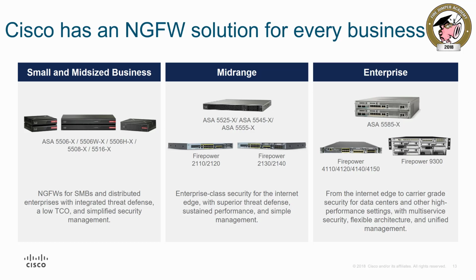If we look at the larger enterprise scenarios, we can certainly consider the Firepower 4100, and this is kind of where the 5585 would have played a part, but we're looking more around offering the Firepower 9300 for those demanding scenarios that customers have. So this provides carrier grade security for data centers and again for other high performance settings.